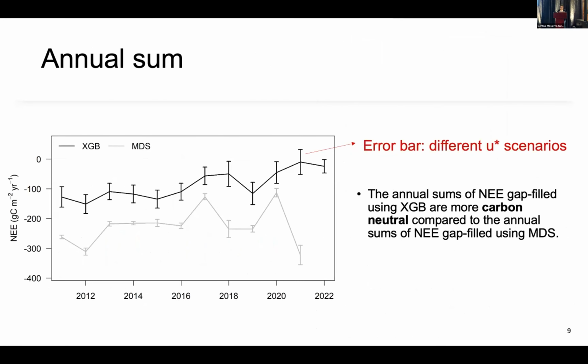Here's the result about annual sum, and the error bar here is the standard error.